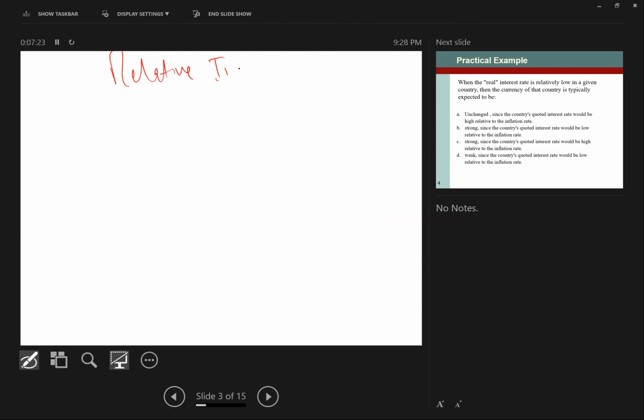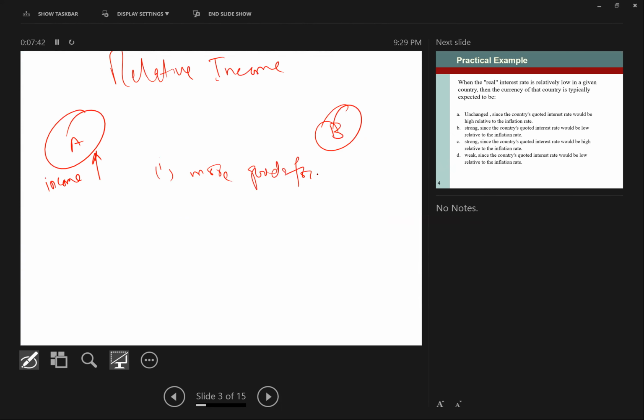When there is an increase in one country's income level, this country will demand more foreign goods, and there will also be an increase in the demand for foreign currency, and an increase in the exchange rate for foreign currency as well.